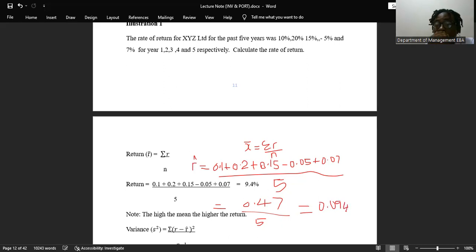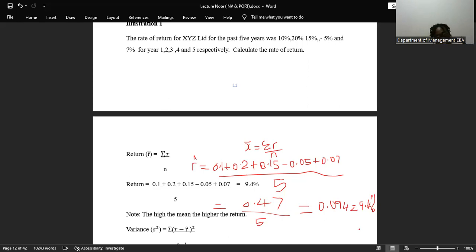Because rates of return are normally quoted in percentages, we multiply it by 100 and we get 9.4 percent. Okay, so that is return using historical data.